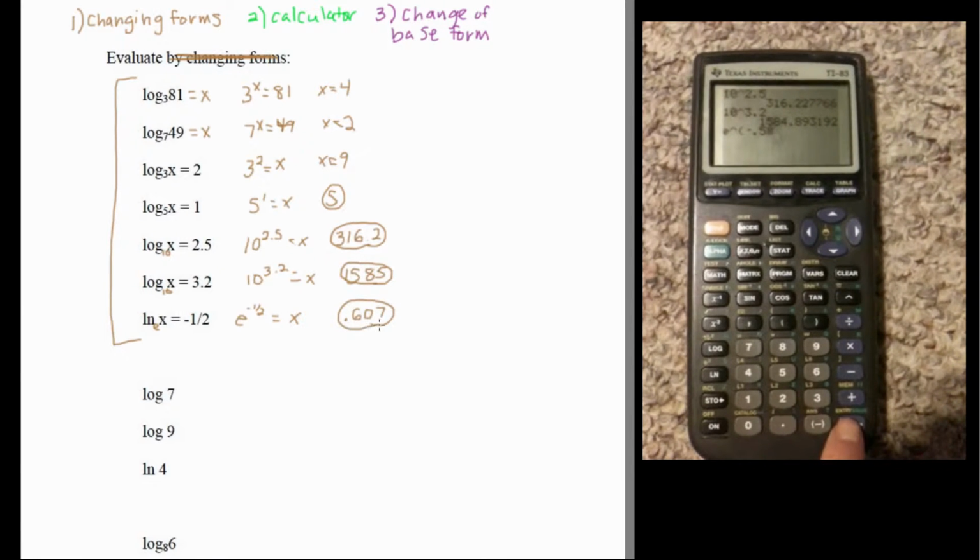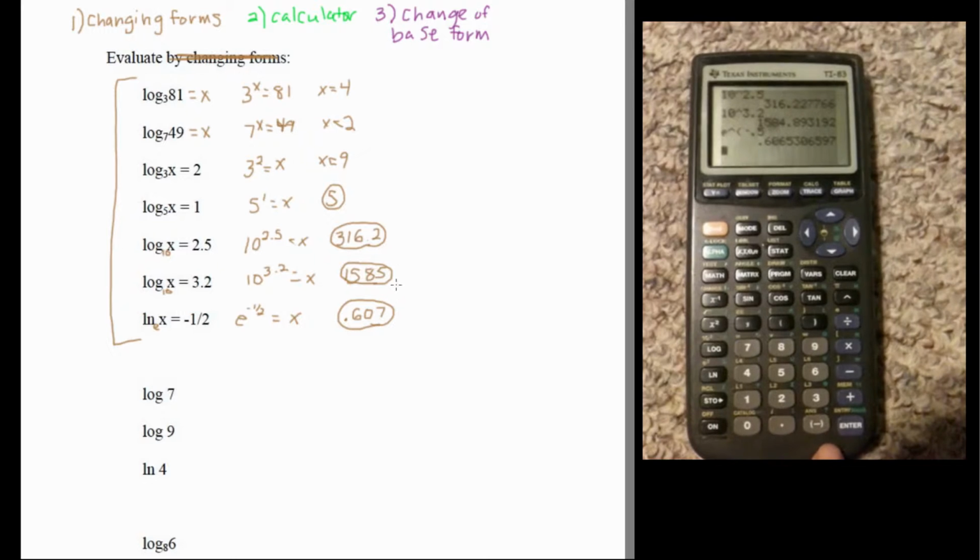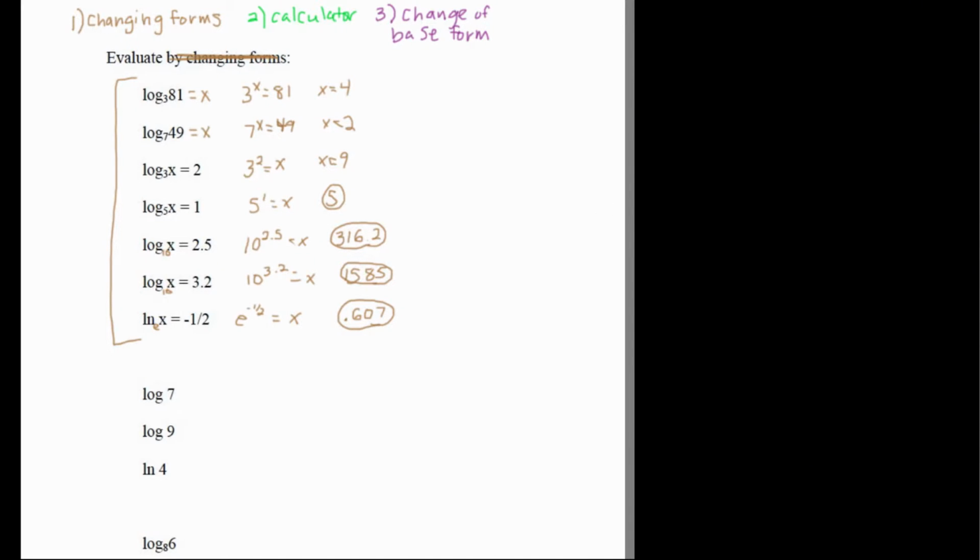So one way to evaluate a logarithm is by just changing forms and seeing if the answer becomes clear. The second way, sometimes you'll get logs that can just be put into your calculator. Your calculator does log base 10 and log base e, or natural log. So if you get something like this, you just type it into your calculator. Log of 7.